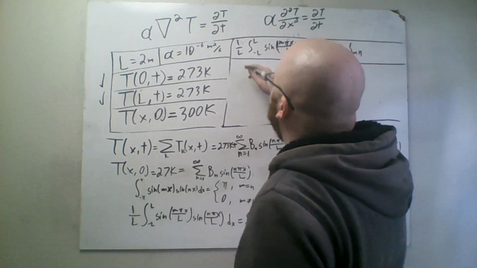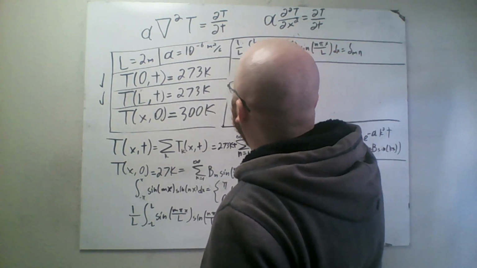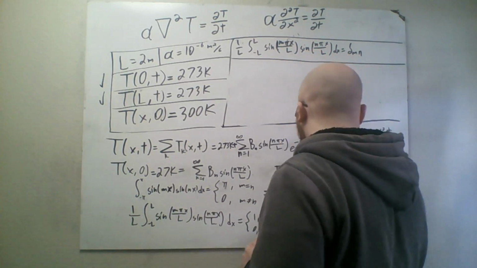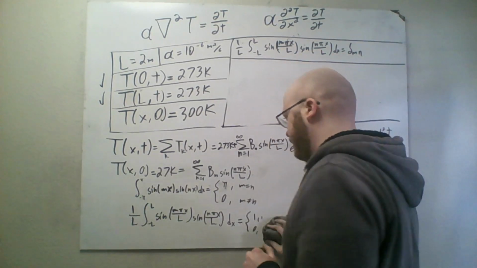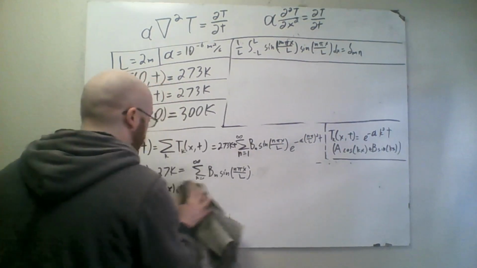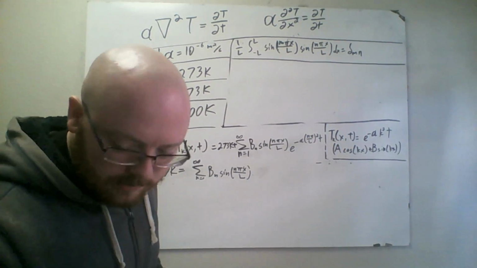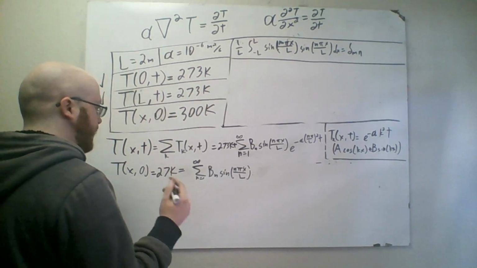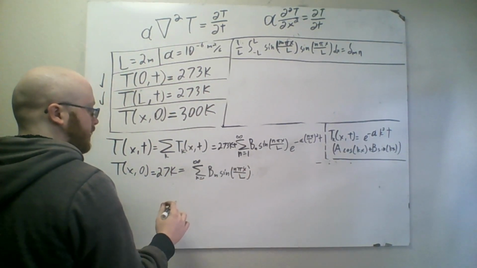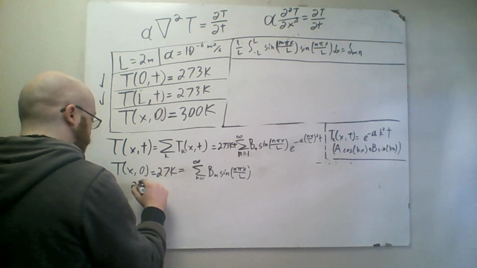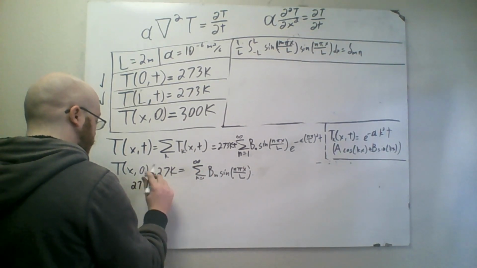So now what we're going to do is we're going to multiply both sides by, well, I can erase this and do it down here. Now that I think about it, because I've already written enough there, I don't need everything else. So now we're going to multiply both sides by sine m pi x over L.